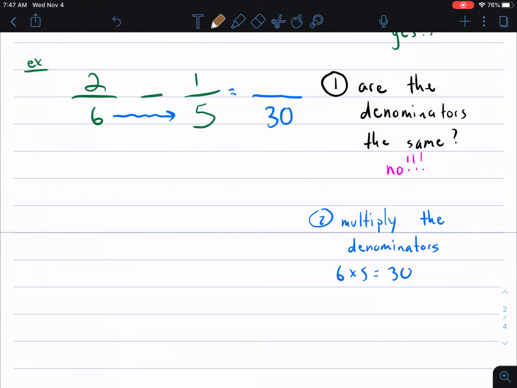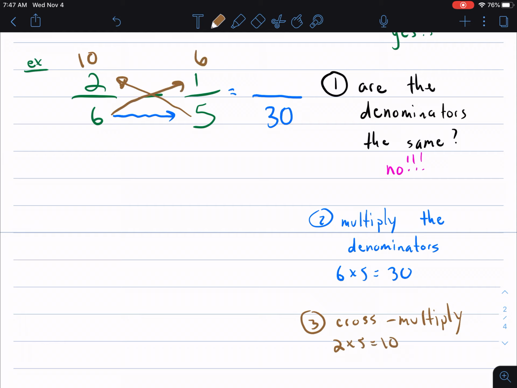Next, cross multiply. So here, crossing, estoy multiplicando, cruzando. 2 times 5 is 10. 6 times 1 is 6.